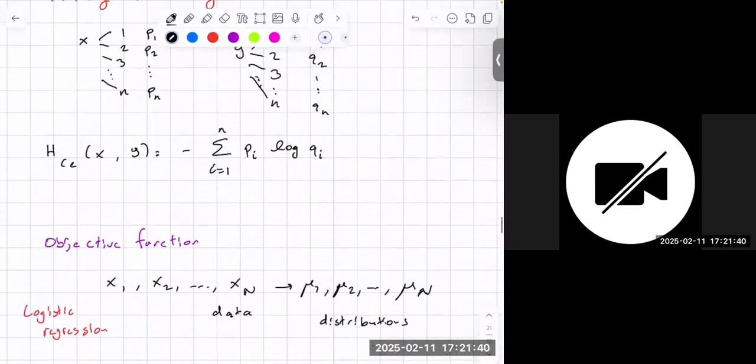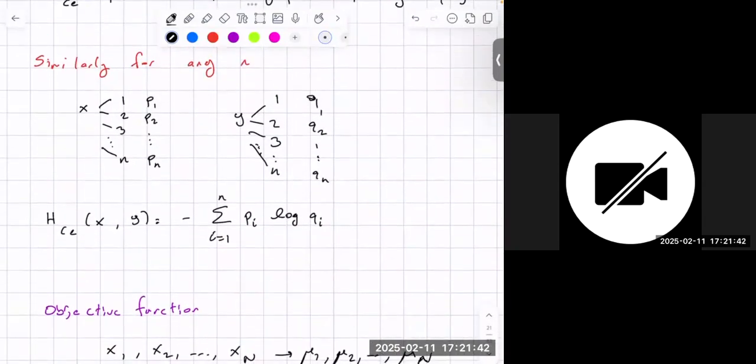Now, our objective function is going to come out from this cross entropy. Now I have n options. Take the first probability, multiply it with the log of the other. Sum up, this is your cross entropy loss, okay? And I'll put a notebook about using this for some training today.